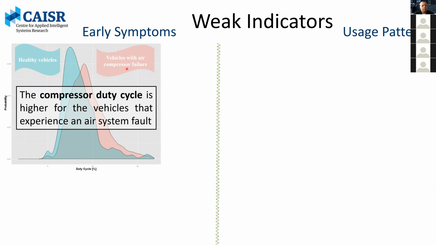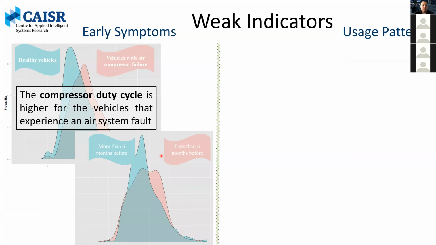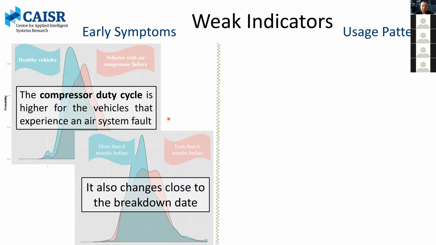You can see that in vehicles with compressor failures, the compressor duty cycle is slightly higher. And if you compare the faulty vehicles long before failure, more than half a year before, with close to failure, less than 6 months before, there is also a difference. So we are basically seeing that this compressor duty cycle changes as you get closer to the breakdown date.